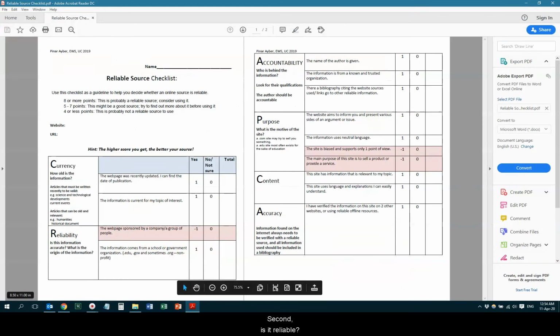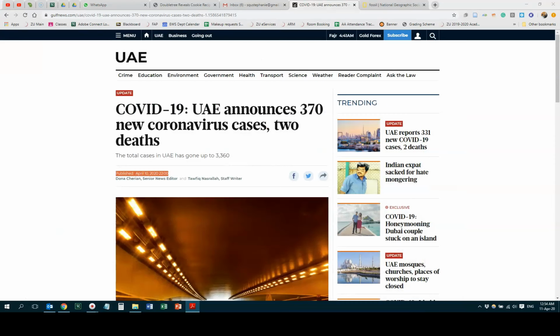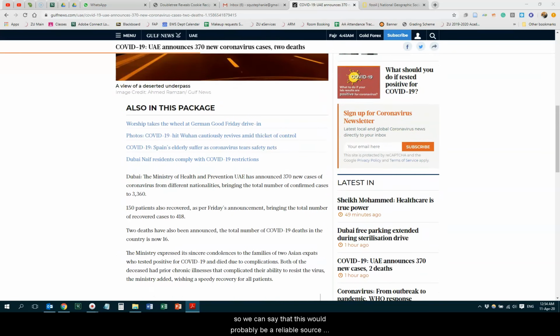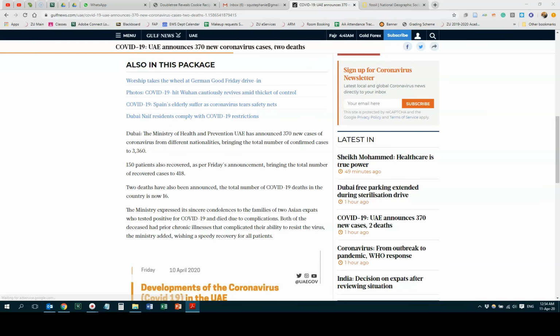Second, is it reliable? Can we trust this source? Well, this source comes from Gulf News, which is a local publication. All right, we have 2 authors, Donna Sherian and Tawfiq Nasrallah, and they're both staff writers and senior news editors. So we can say that this would probably be a reliable source of information.